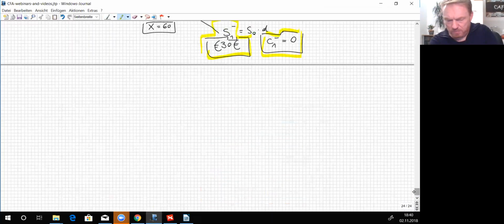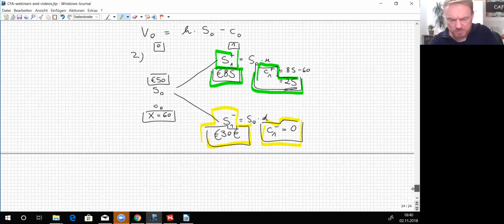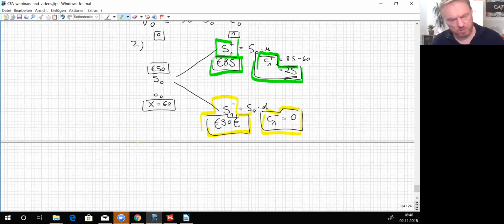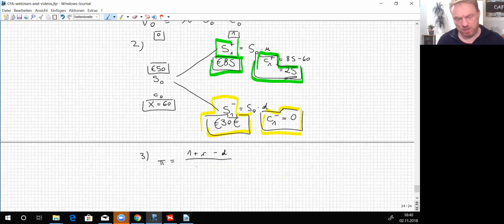Step 3 of this algorithm. Pi and 1 minus pi. Pi equals 1 plus r minus d in the numerator, divided by the denominator, which consists of u minus d, the up factor minus the down factor.